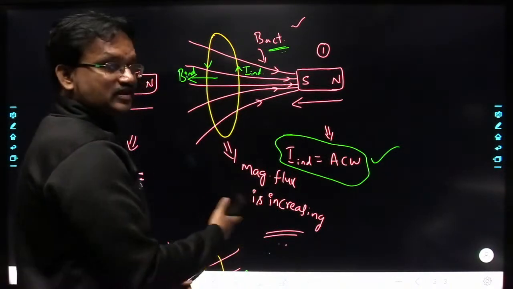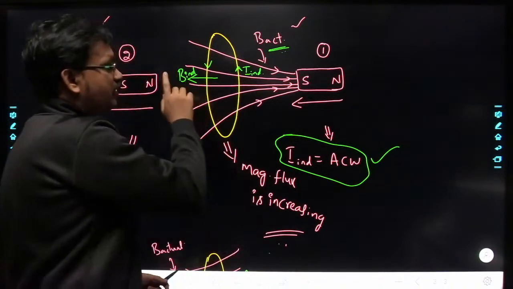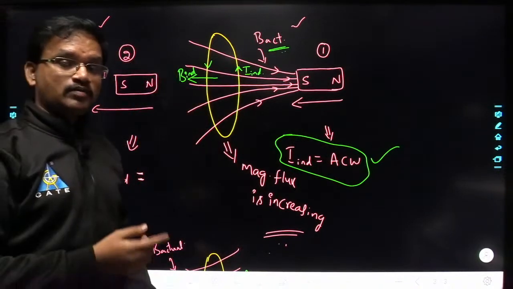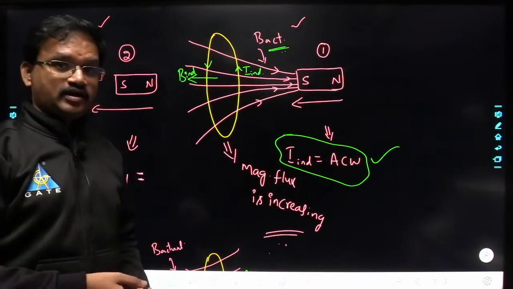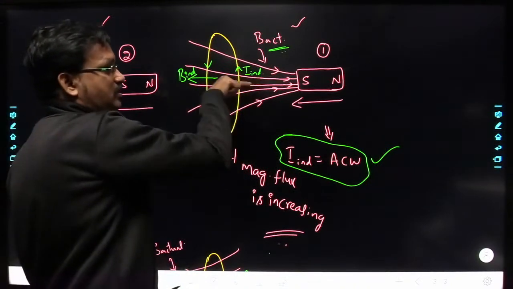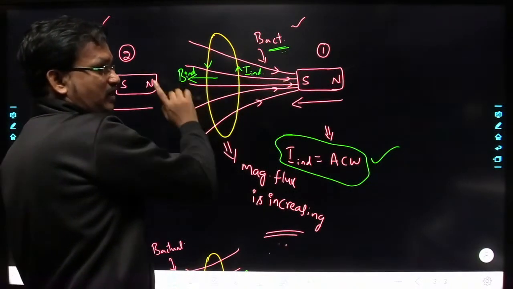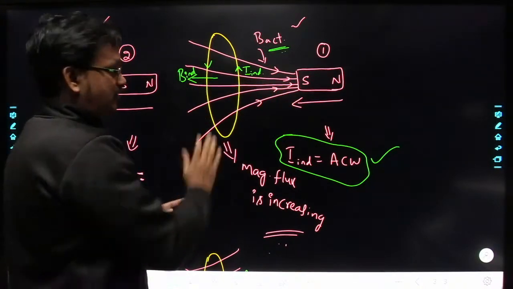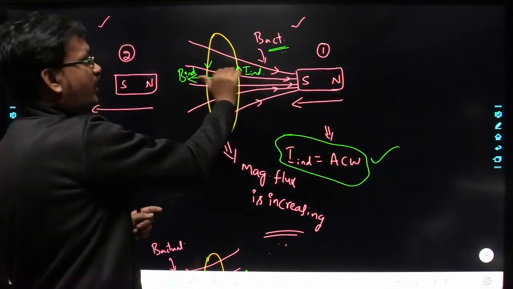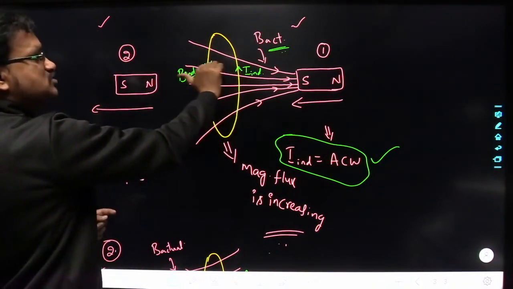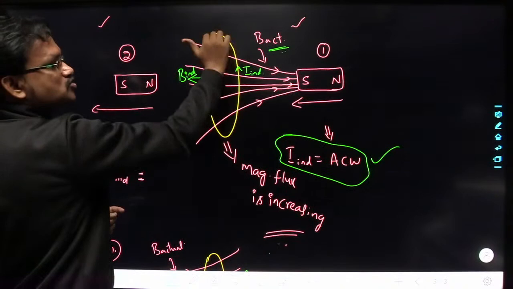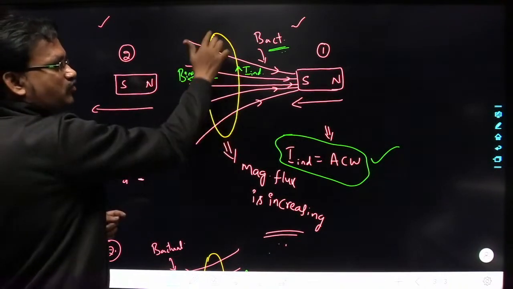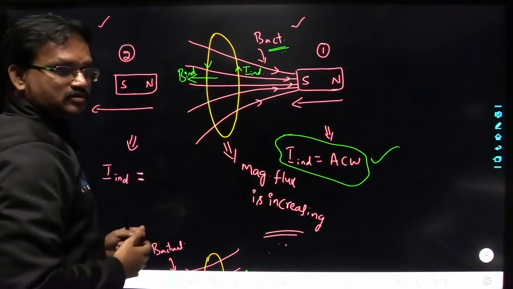If the magnetic flux is increasing, the direction of the induced magnetic field must oppose the direction of the actual magnetic field. The actual magnetic field is pointing from left to right, so the induced magnetic field must point from right to left. That means the induced current must flow in the anti-clockwise direction, right?